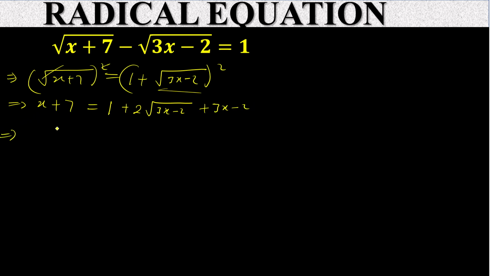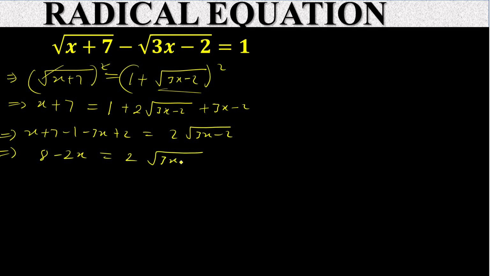All right, so let's group like terms. So we have x plus 7 minus 1 minus 3x plus 2. Let me keep this one here, only this. All right, so let's group. 7 minus 1 is 6, plus 2 is 8. You have 8 minus 2x, equals 2 root 3x minus 2. So we can divide by 2, over 2, over 2, over 2.